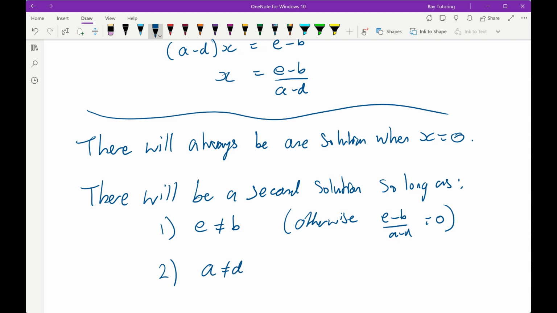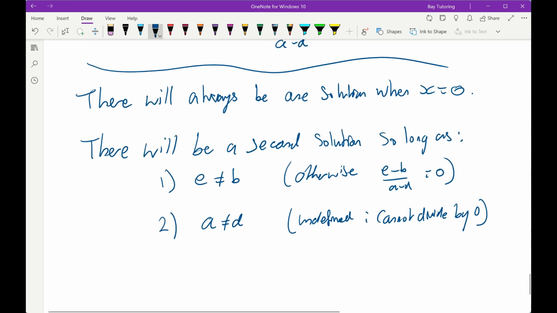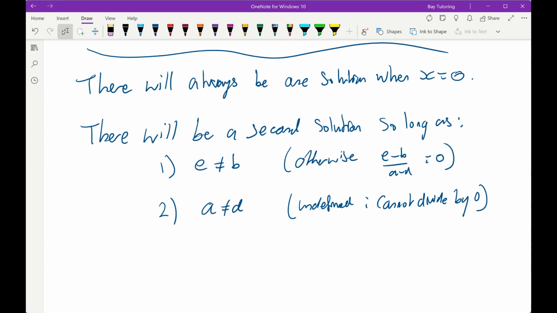Because if a and d are equal, you'll get a denominator of 0, which will mean the solution is undefined because you cannot divide by 0. So if a and b and d and e meet those two criteria, then those parabolas will intersect at two unique points, and therefore there'll be two unique solutions.